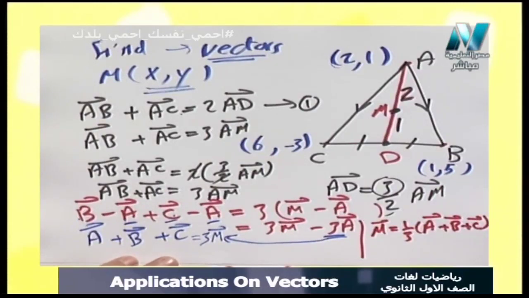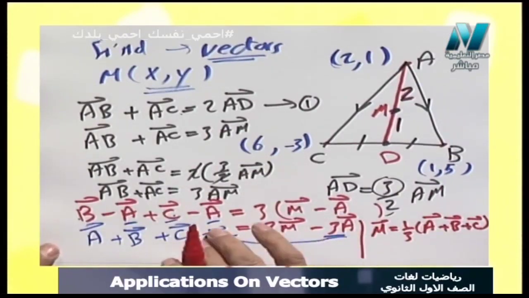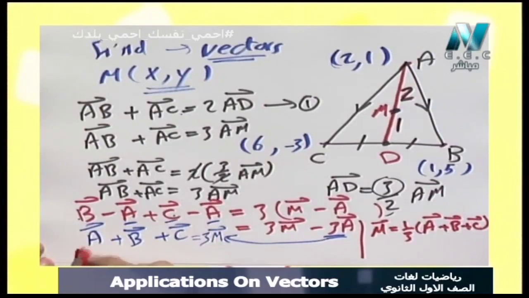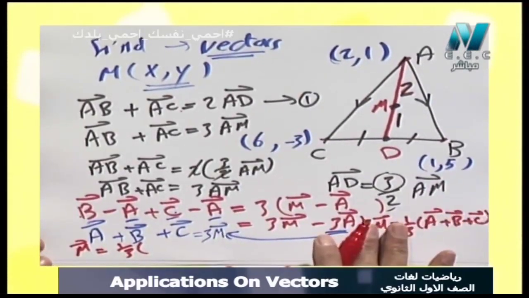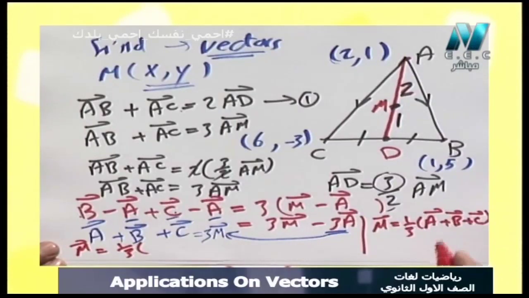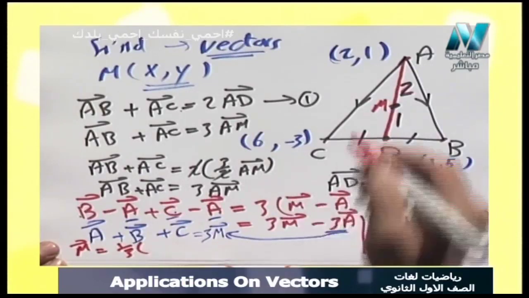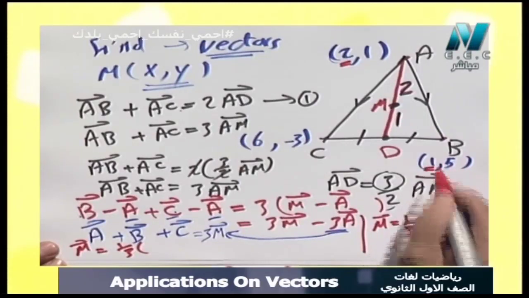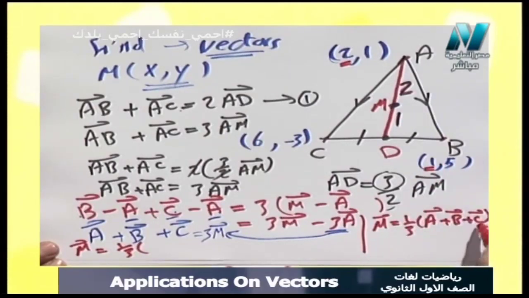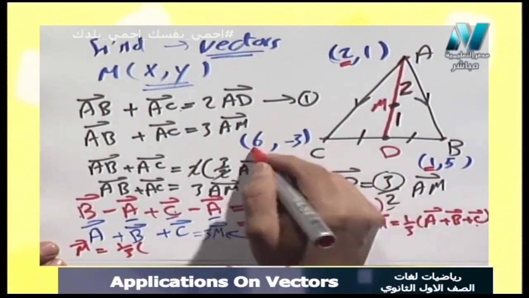Okay, and by putting numbers here, M will equal 1 over 3 of A, B, C. A here equals 2 and 1, 2 is the x. B equals 1 and 5, and 1 is the x, and C equals 6 and negative 3, and 6 is the x.